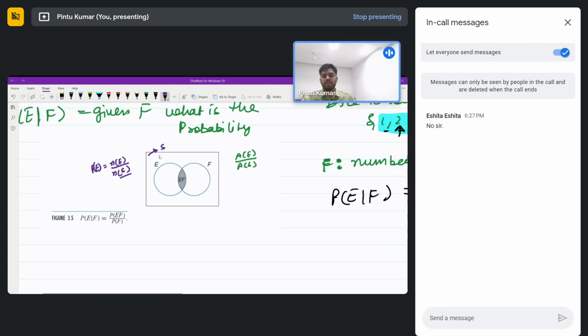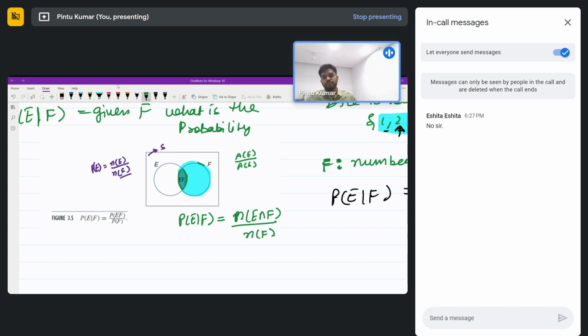So now you have been given extra information that F has already occurred. Now your sample space, or your universe, reduces to just F, because you know that F has already occurred. Now what is the probability of E given F? The probability of E given F would be the number of elements of E inside F, that is, the number of elements in E intersection F, divided by the total number of elements in F, right?